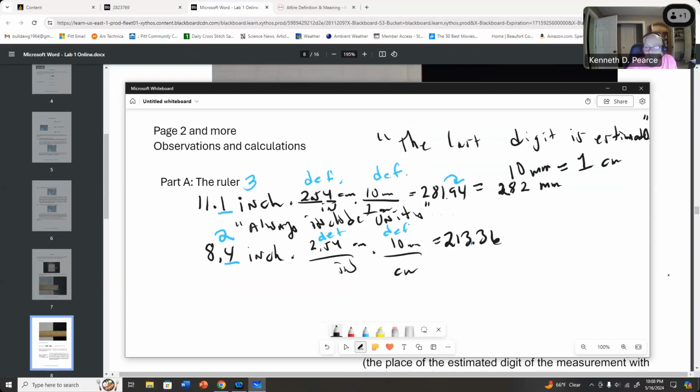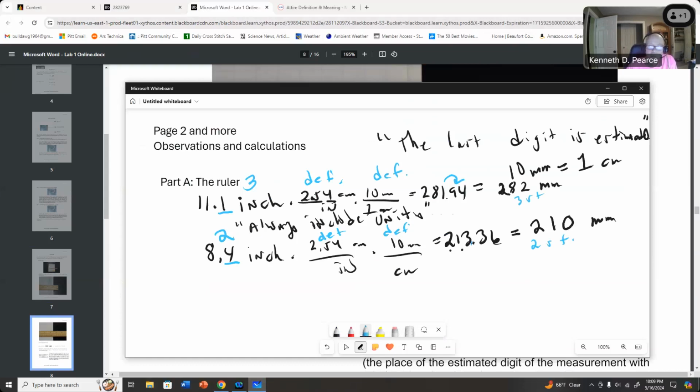And we say that is equal, so we go 1, 2, look one more over. That is 210 millimeters. And this is 3 SF up here. This is 2 SF down here.